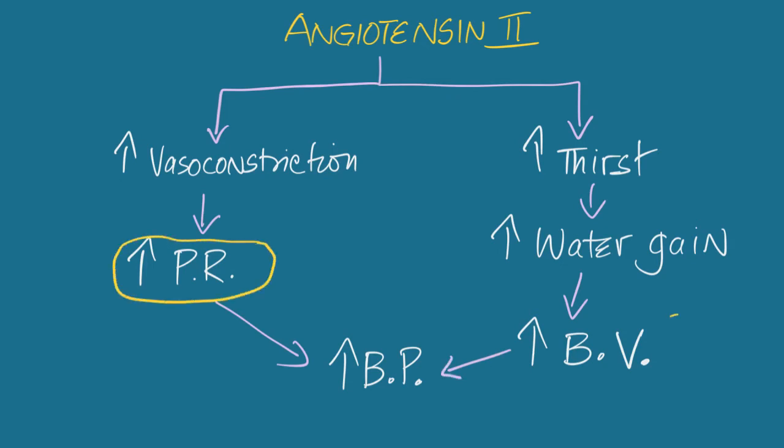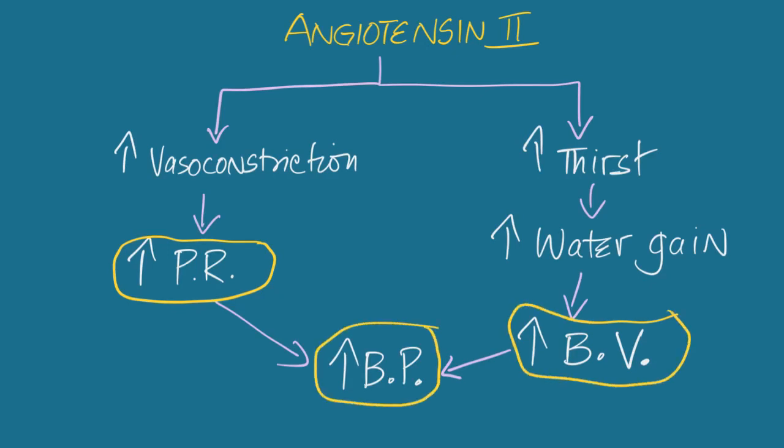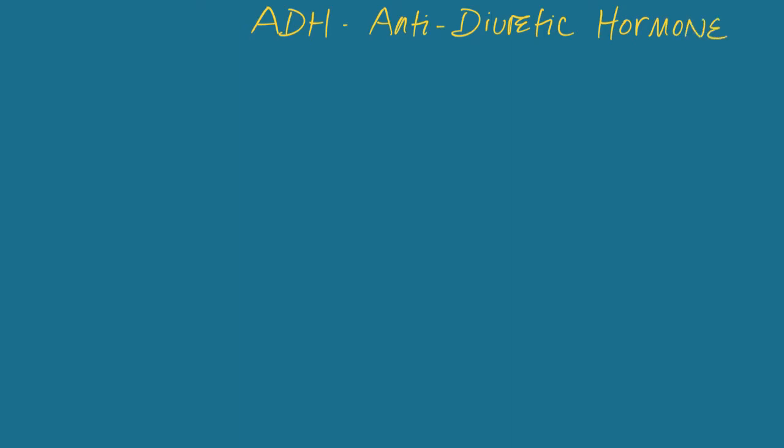So here we have both factors going up, peripheral resistance and blood volume raising blood pressure. Here's the next hormone, ADH, antidiuretic hormone. The antidiuretic hormone raises blood pressure as well.